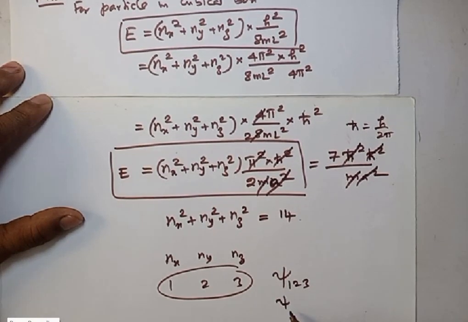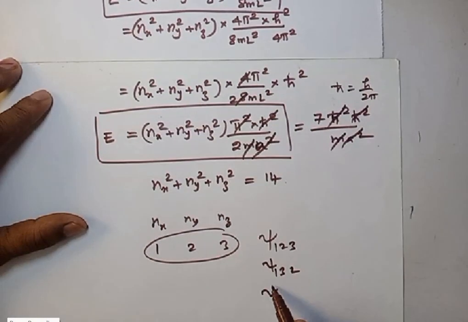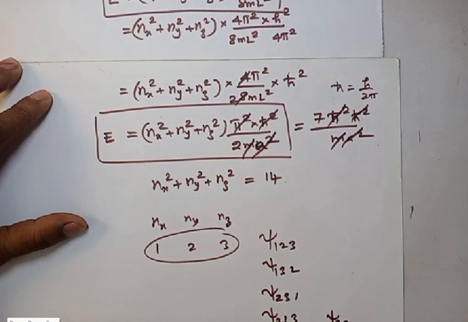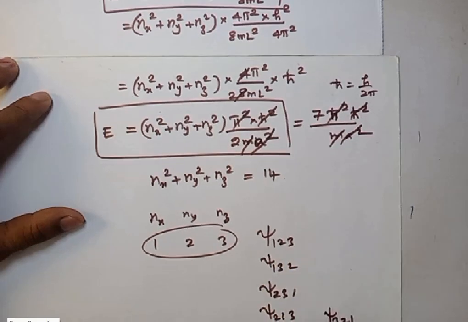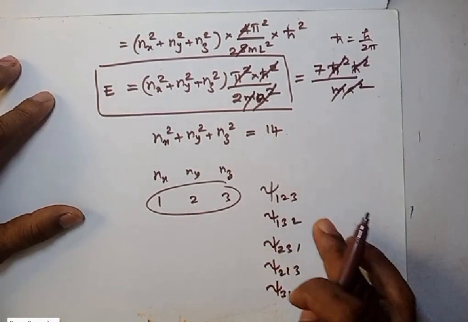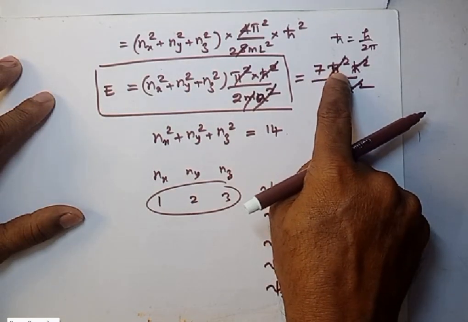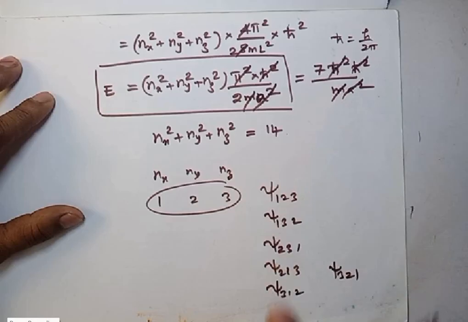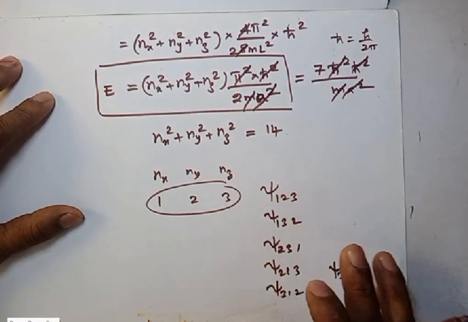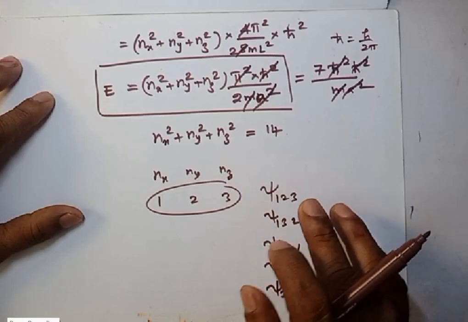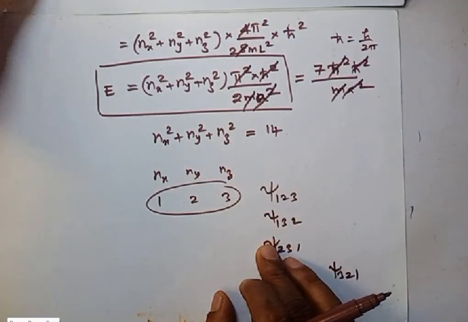We can also write psi 1, 3, 2, psi 2, 3, 1, psi 2, 1, 3, psi 3, 1, 2, psi 3, 2, 1. All these 6 states have the same energy, 7 pi square h cross square by m a square. Now out of these 6 states, we should see which one is available in the options.